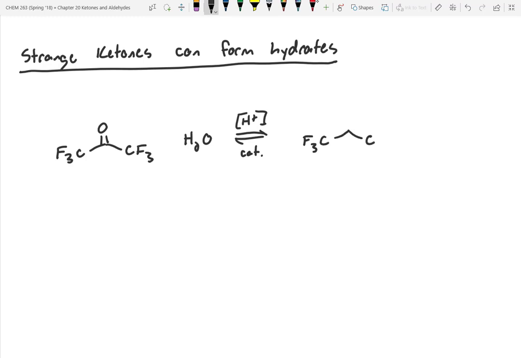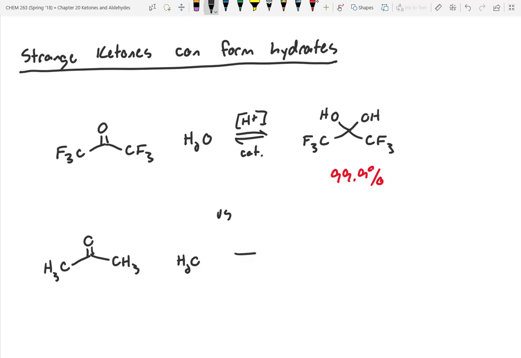You can easily form a hydrate with this molecule. And when you do this, this shows up about 99.9% versus our normal acetone. If you remember back from the previous slide, I said this is only formed in about 0.01%.